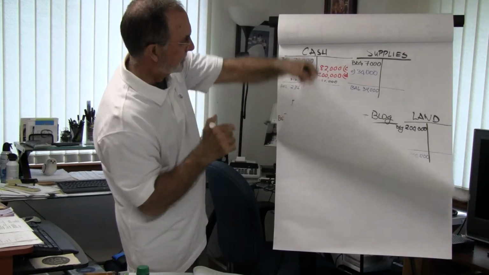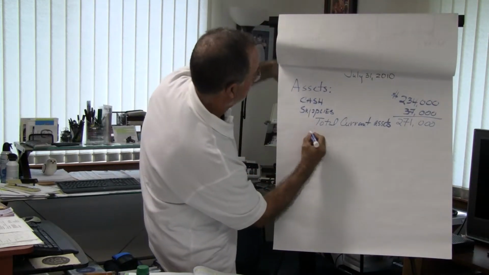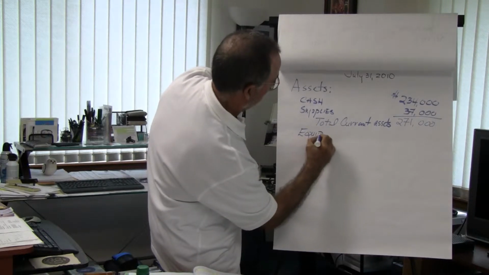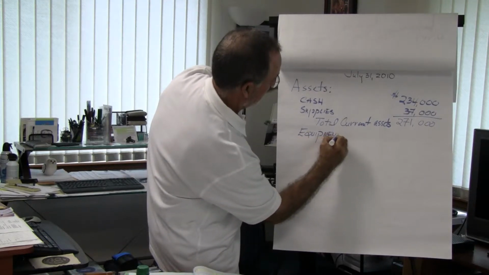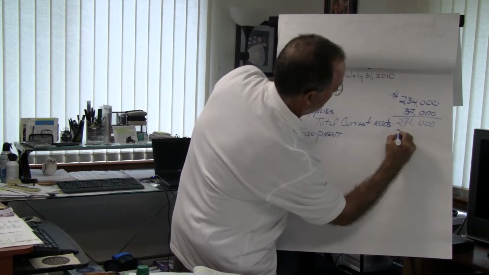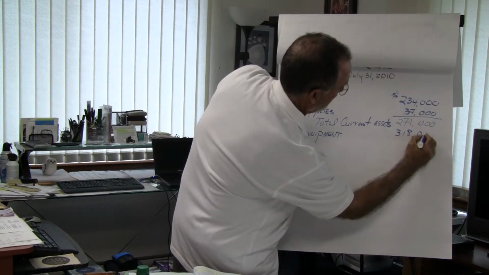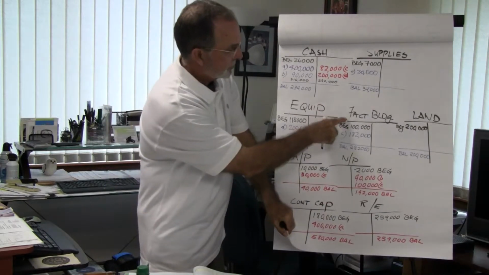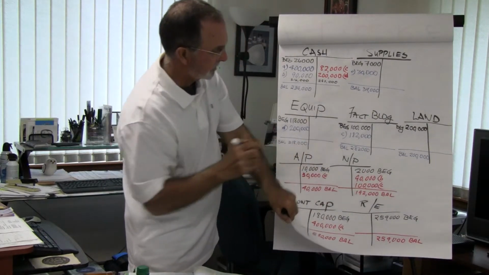Equipment balance is $318,000. The factory building account balance is $282,000.